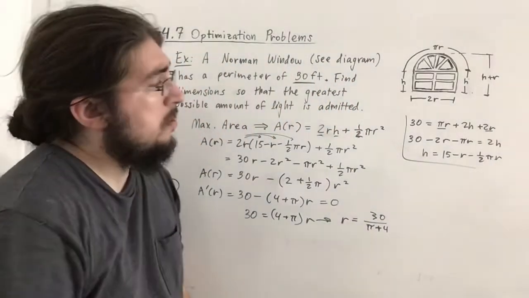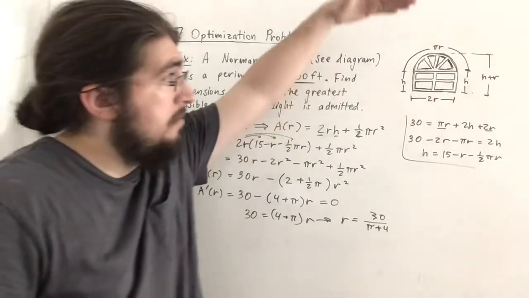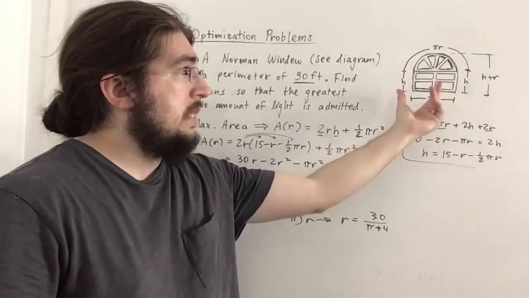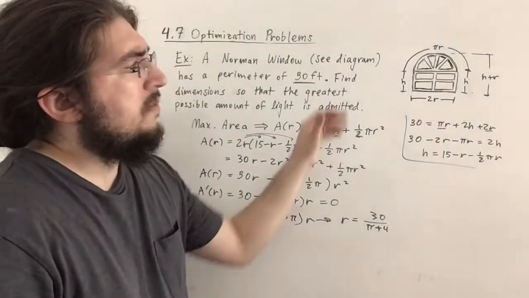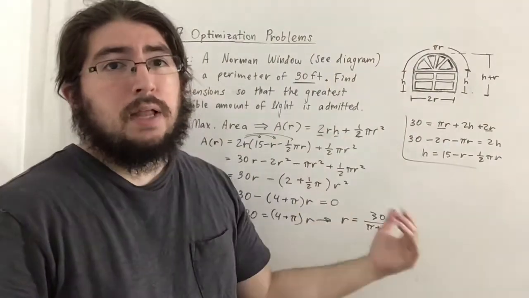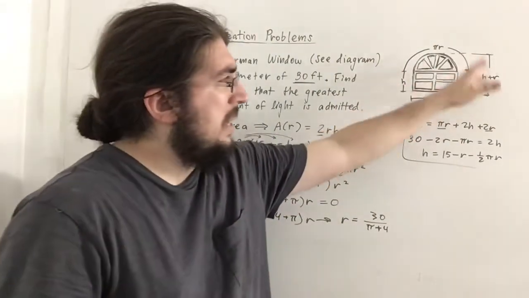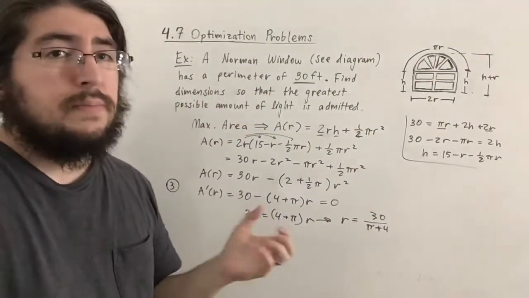So maybe you can define the dimensions of this shape to be the full height from the top of the semicircle to the bottom of the rectangle, and then the width of the rectangle, which is equal to the diameter of the semicircle. But in fact, if you only found the dimensions of the rectangle, that would imply what the radius of the circle would be. But still, I kind of like this one, the complete height and complete width. That's what I'm going to define dimensions to be.